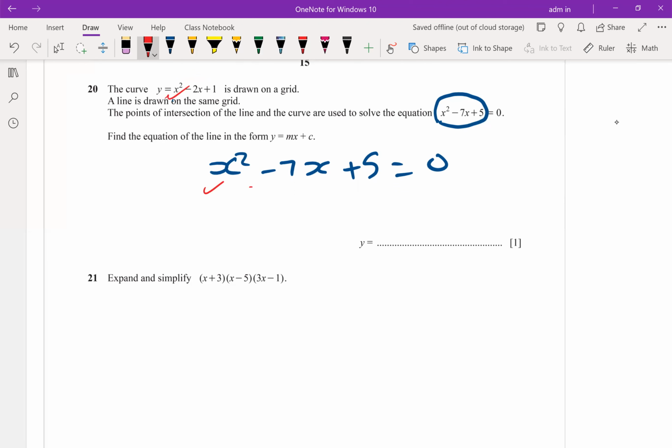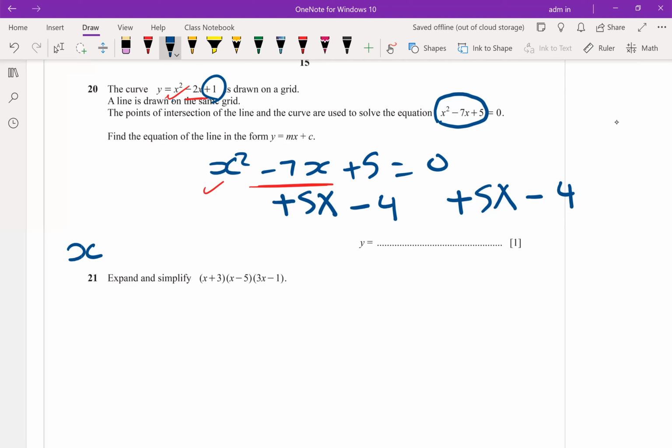Yes. Minus 7x, how does it become minus 2x? You have to do what? Plus 5x. If you add 5x to the left, you have to add 5x to the right. What else? It's a plus 1, and this is plus 5. Minus 4. You have to write here what? Minus 4. If you rearrange it, it will be x squared minus 7x plus 5 is equal to 5x minus 4.